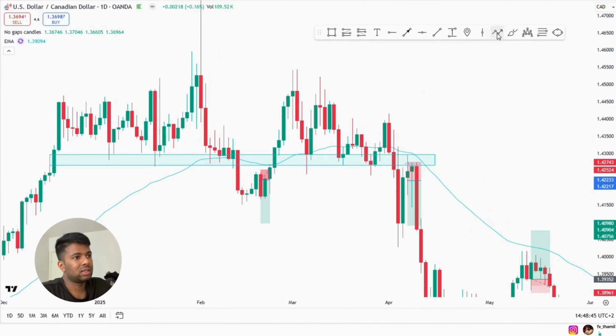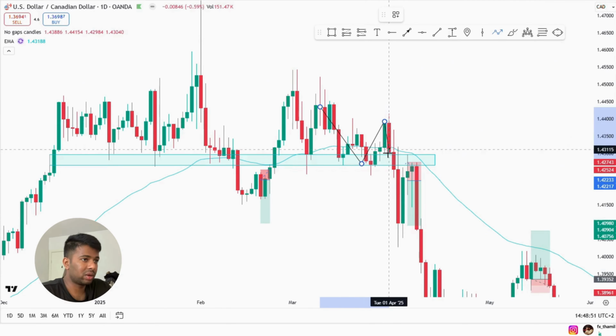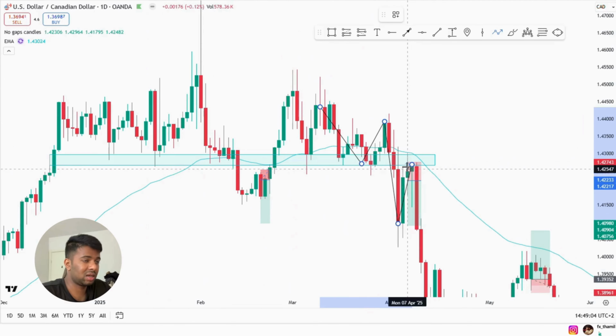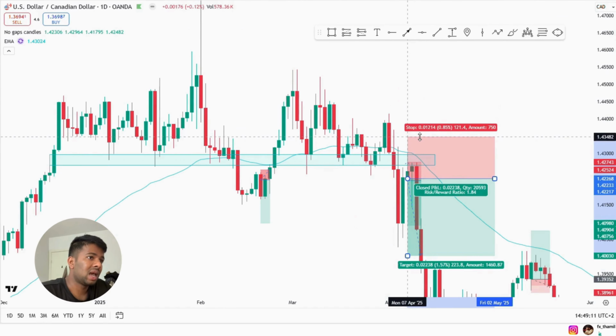So when the price broke this structure, it created the lower low, lower high. The moment the price broke this structure, it went to a lower low, which went bearish, and it created the lower high into the area of interest that has been retested many times, that has been rejected many times. As soon as it got to the lower high, it created a pin bar rejection candlestick pattern.